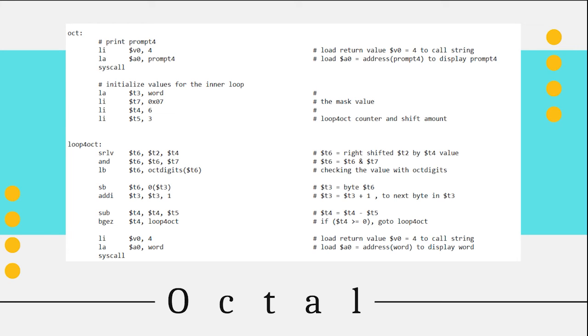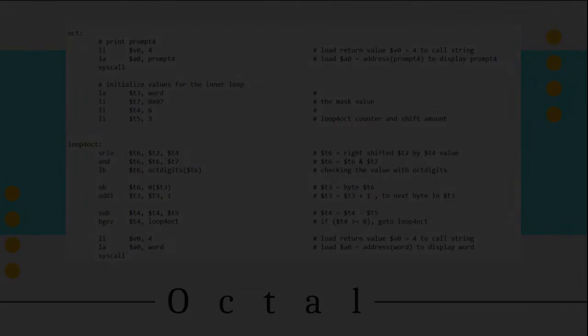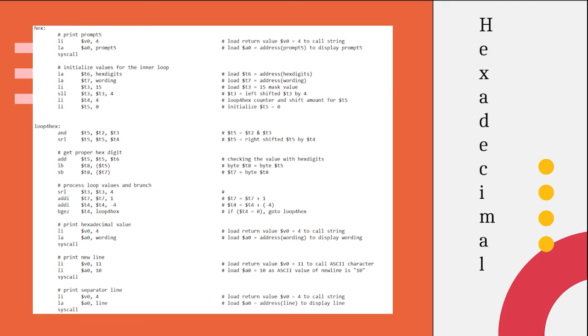Then we have to subtract T4 with T5. Next, if T4 is more than or equal to 0, it will go to the loop awk again. That's it. So let's continue with decimal to hexadecimal.